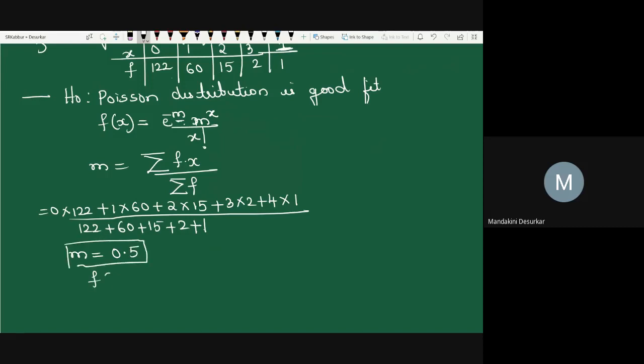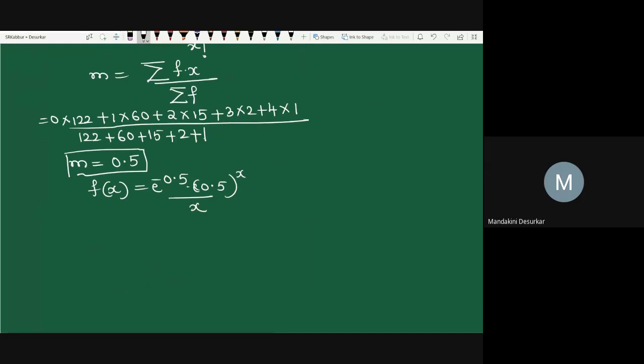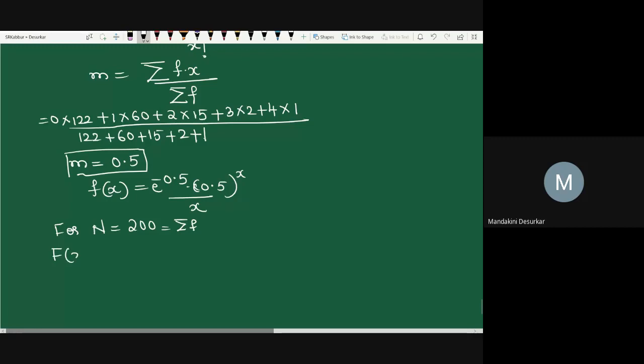So what is my f of x? It is e raised to minus 0.5, 0.5 raised to x divided by x factorial. Now, n is equal to 200. Why did I take n? This is actually nothing but your summation of f. So, for my capital F of x, I am now finding the expected values.